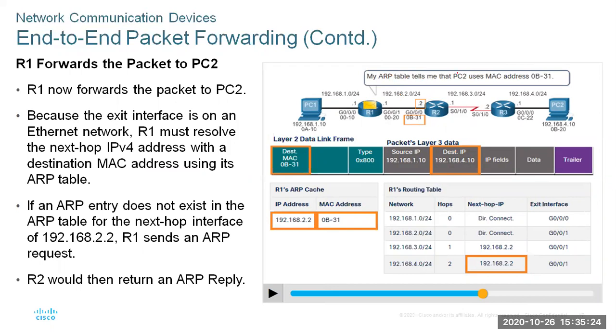My ARP table tells me that PC2 uses a MAC address of 0B31. So you will pick the 0B31 and put it in the destination MAC address field. So we have a destination IP and a destination MAC.